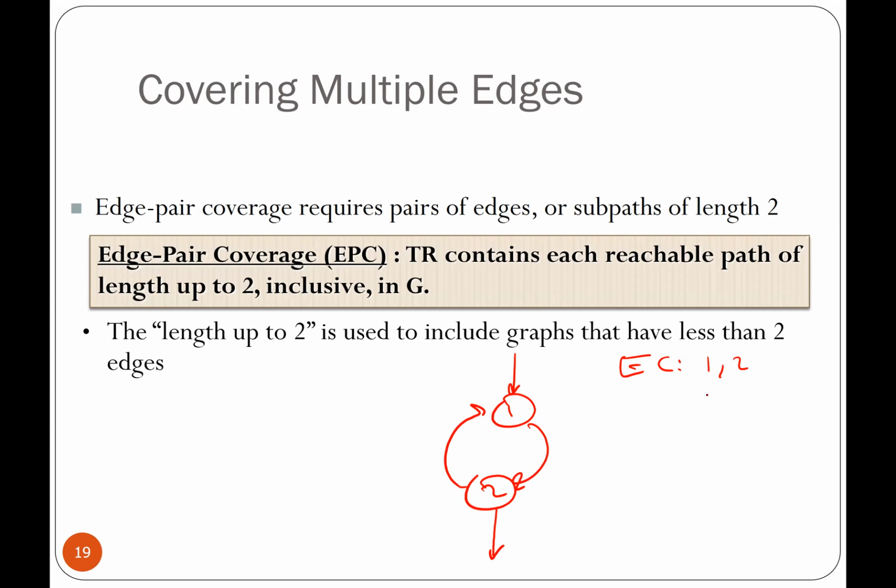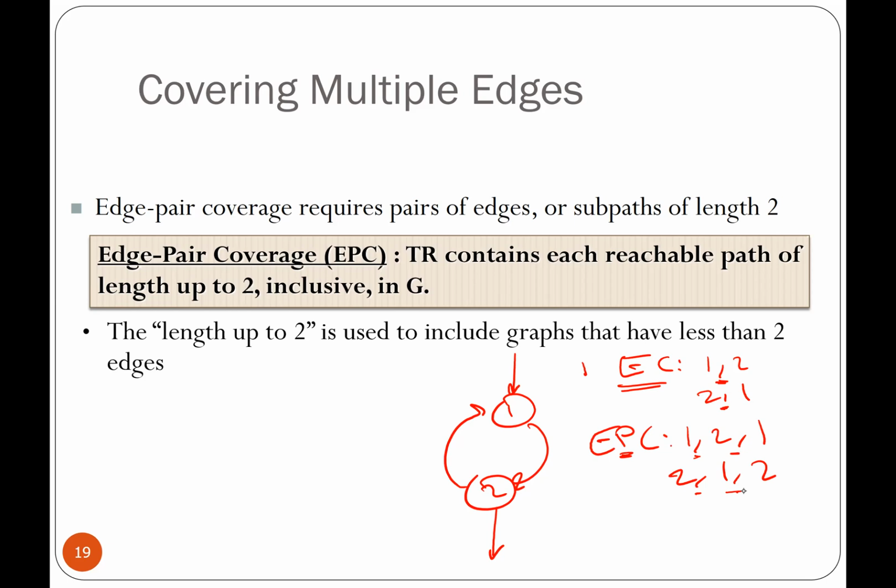And what else? 2, 1. Edge pair coverage would be, no, 1, 2, 1. Okay. And then the next one would be 2, 1, 2. Now, edge coverage, one edge, you always look at how many commas. Just a single comma. Edge pair, you look at how many commas? 2. Okay. Next up, 3 edge, 3 commas. 4 edge, 4 commas, and so on.